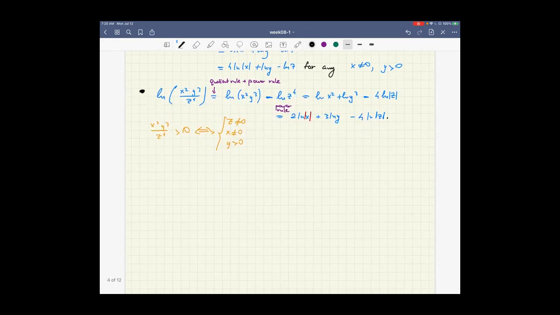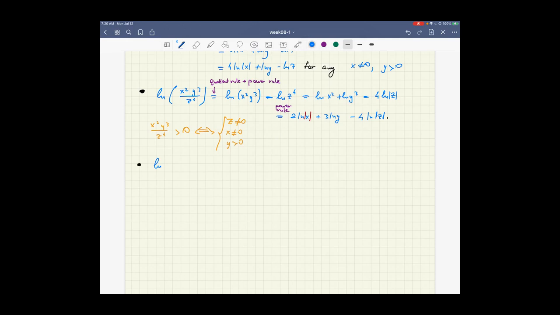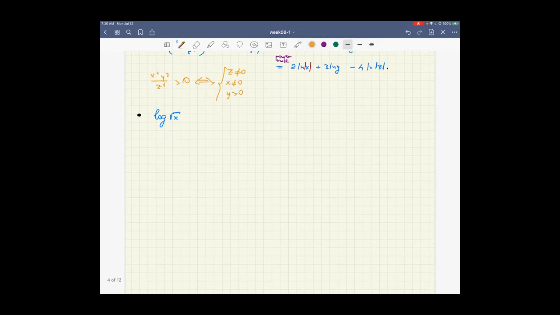Now, the next example was expand ln of, or log of, root x. Again, if we think about the domain of this function, root x has to be strictly positive, which is equivalent to x being strictly positive.